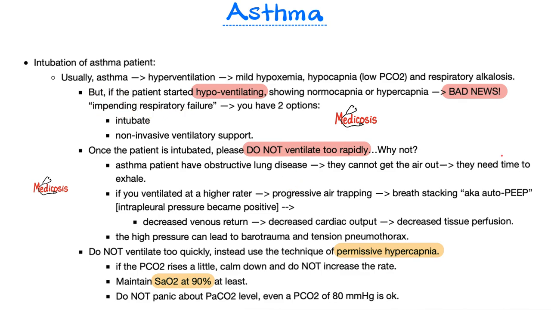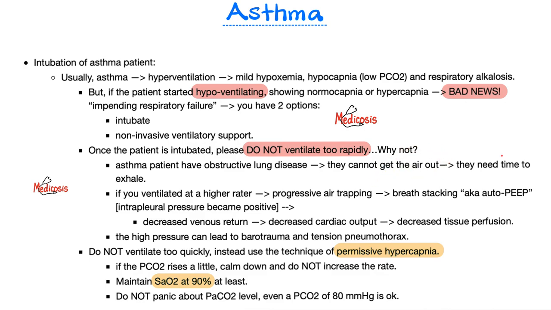Another important tip for asthma patients during ventilation: do not ventilate them too rapidly. Because asthma is an obstructive lung disease. The definition of obstructive lung disease is that I cannot get the air out, which means that I need time to exhale and empty my lungs. If you ventilate me too quickly, you are taking away my time, making it very difficult for me to push the air out.